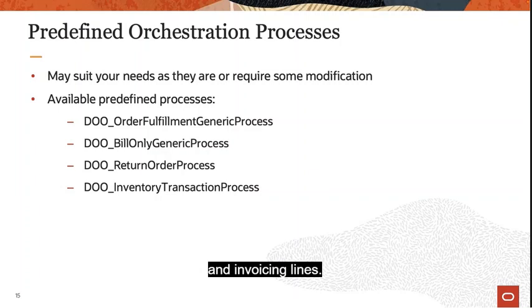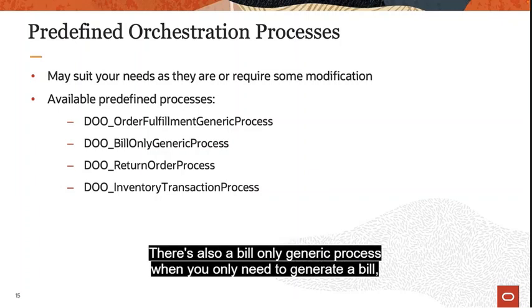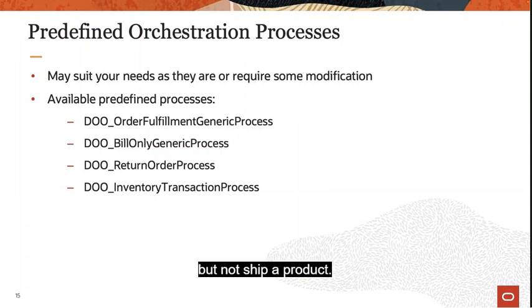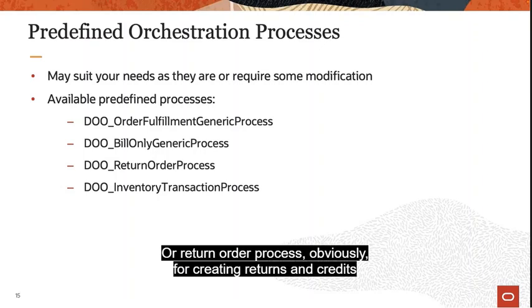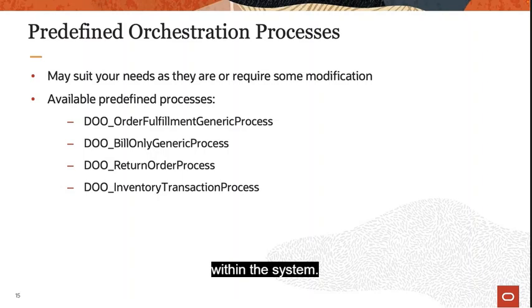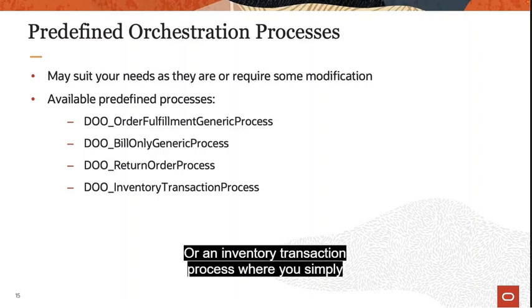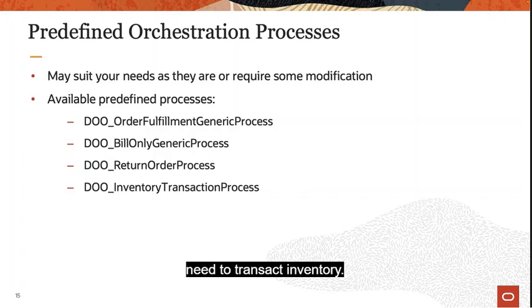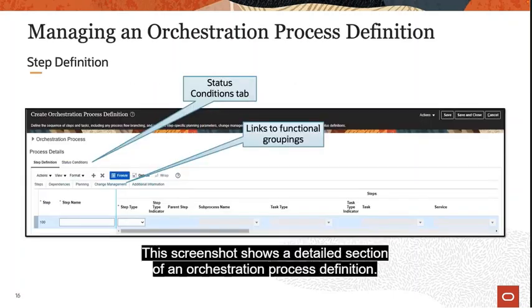There's also a bill-only generic process when you only need to generate a bill but not ship a product, or a return order process, obviously for creating returns and credits within the system, or an inventory transaction process where you simply need to transact inventory. This screenshot shows a detailed section of an orchestration process definition.